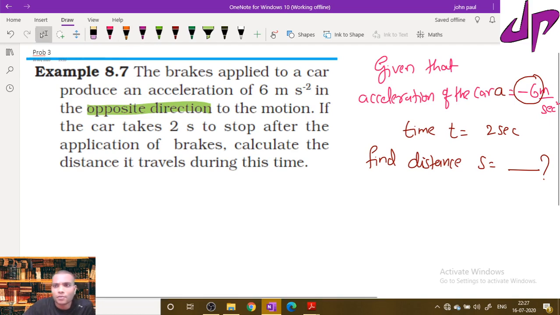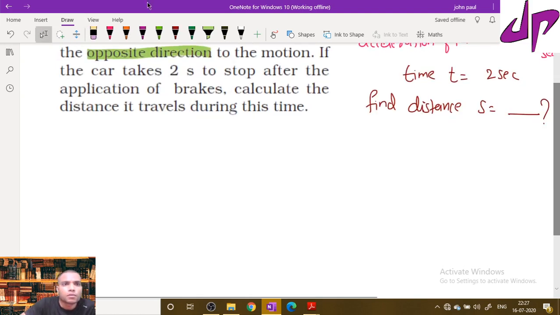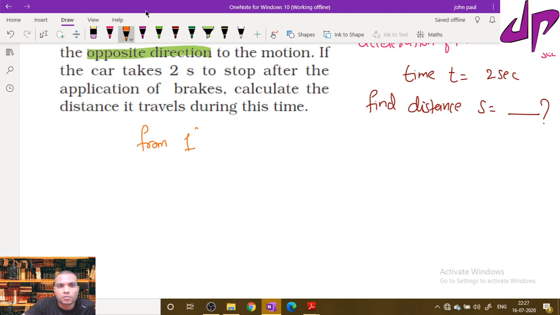So I can take from the first equation of motion, that is v equal to u plus at.